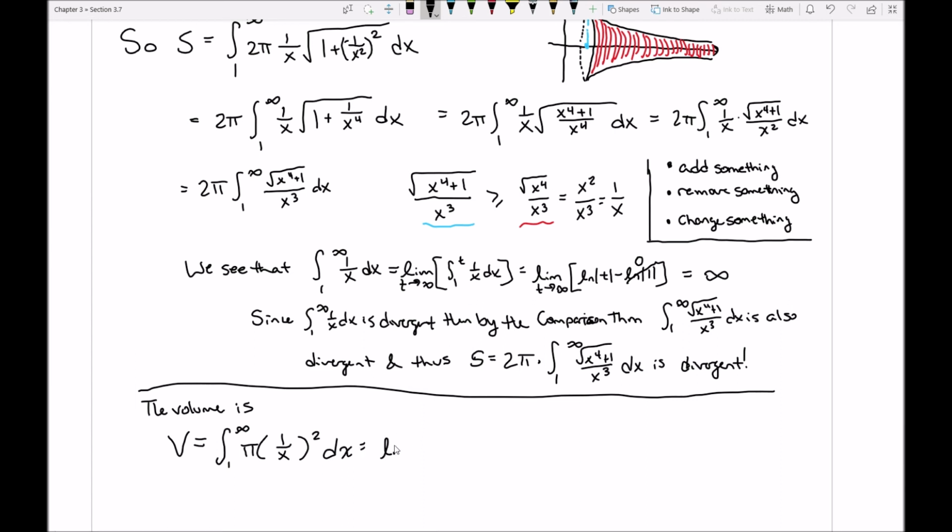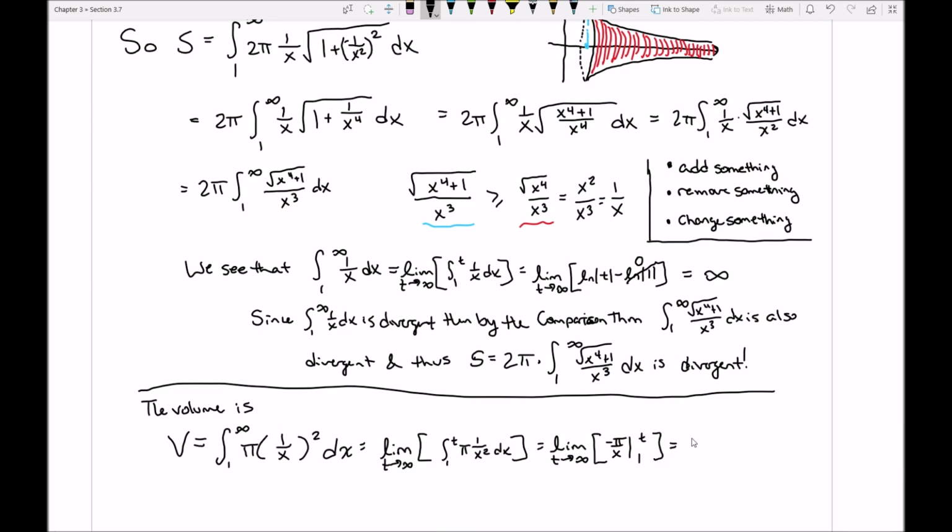If I simplify this down, so limit as t goes to infinity, integral from 1 to t of pi times 1 over x squared dx. This is a limit as t goes to infinity. I'm going to have a negative pi over x evaluated from 1 to t.